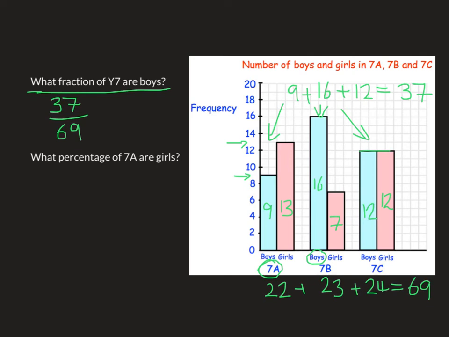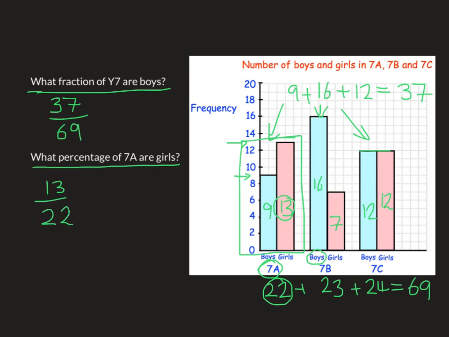What percentage of 7A are girls? I can ignore the rest of them and just focus on this block here. I've already said that there are 22 people in 7A in total, and 13 of them are girls. So it's 13 out of 22. But the question is saying percentage.